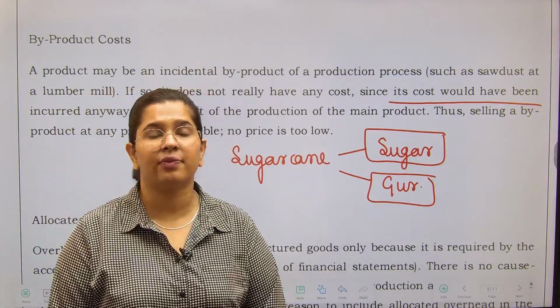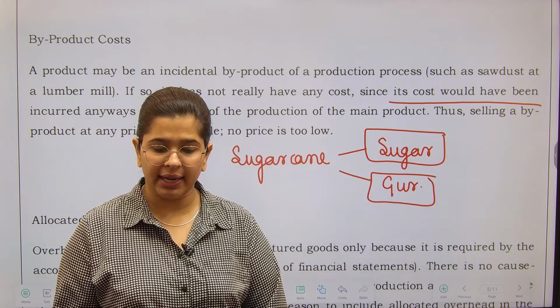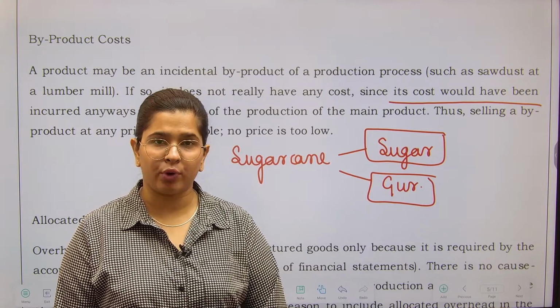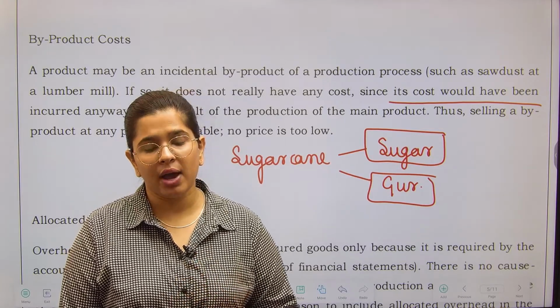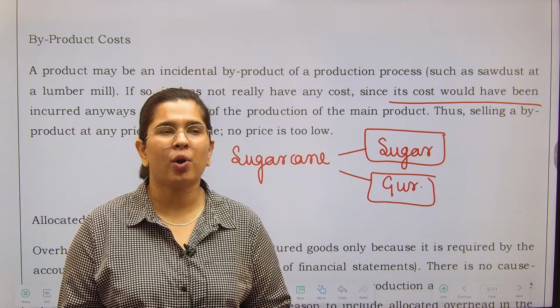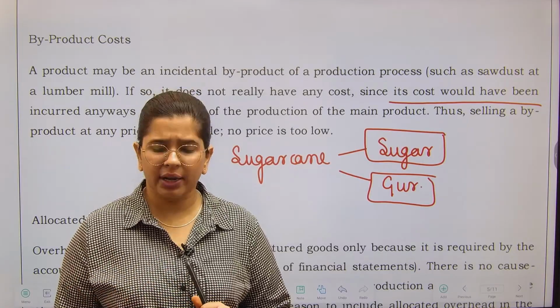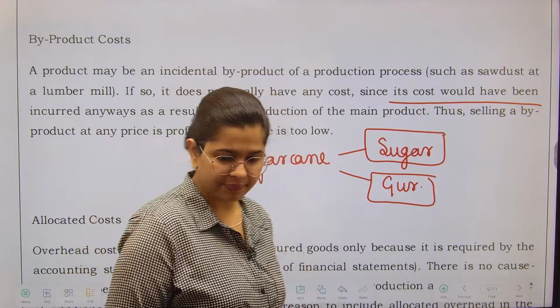Other chemicals, petroleum jelly, etc. These are the things that you are also getting. So those are called byproducts. One is the main product, then you have a byproduct. Main product means which is important, and byproduct means which has less value and is not really very important. Okay?